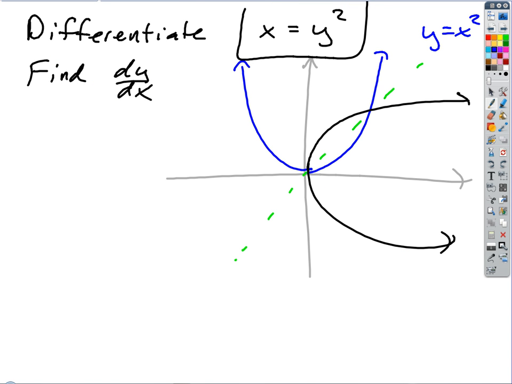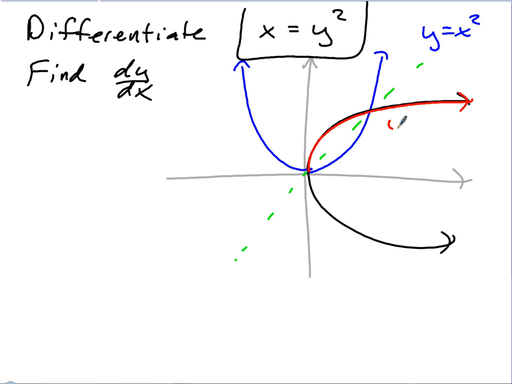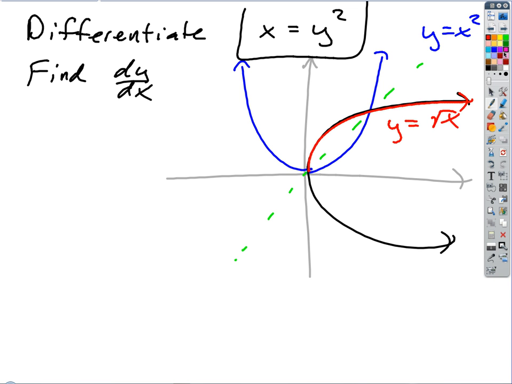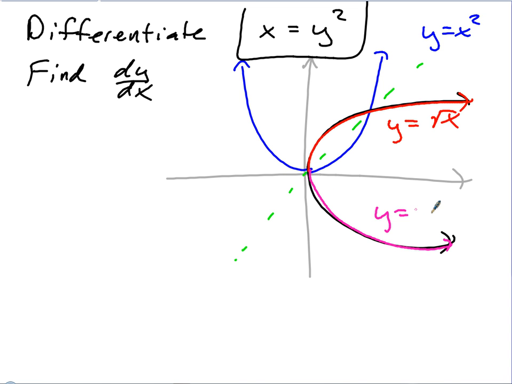We were able to take this x equals y squared and split it up. It's a non-function, right? Because it violates the vertical line test. But if we break it apart, we can break it into two separate individual functions. On the top, I've got y equals positive the square root of x. On the bottom, I've got y equals negative the square root of x.